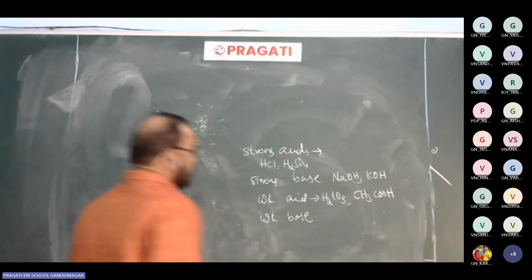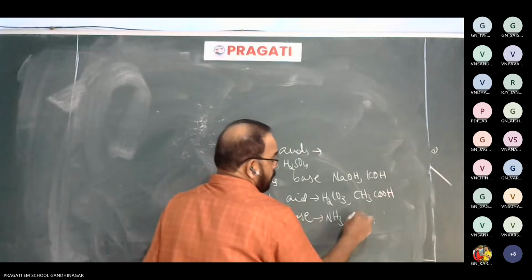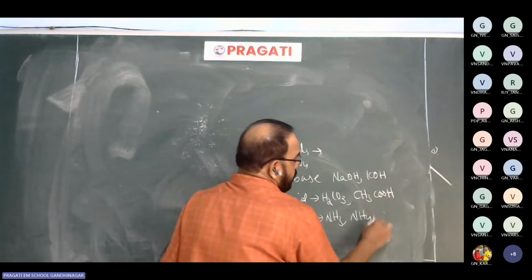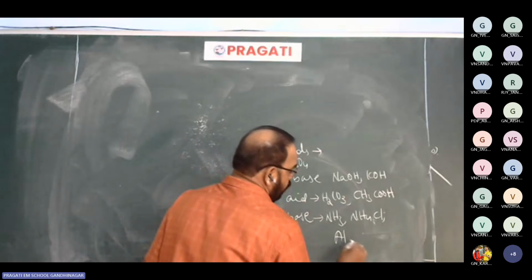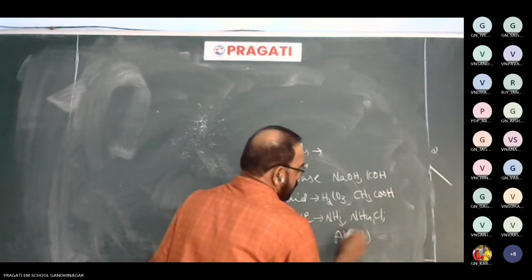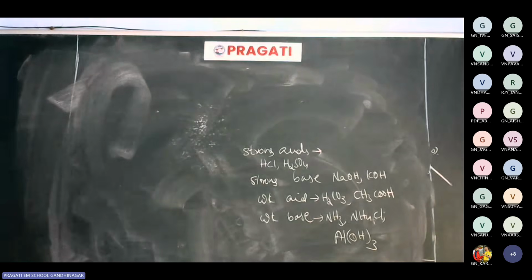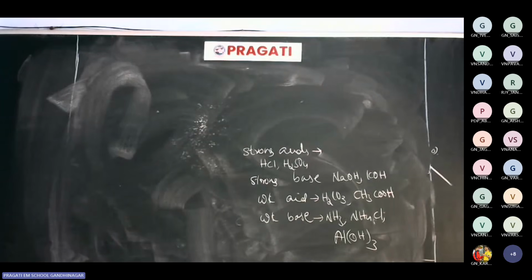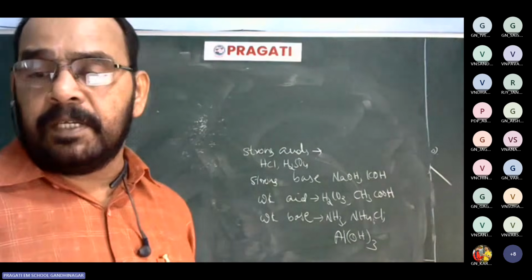Weak base: ammonia, ammonium chloride, aluminum hydroxide. Only the weak base you are getting doubt about; the remaining all you studied, so many you know. Strong acid and strong base, no problem. These can also be asked in the 1 mark section.